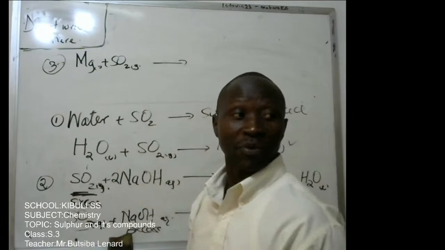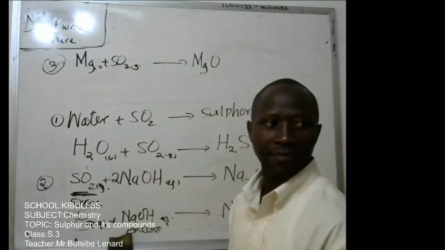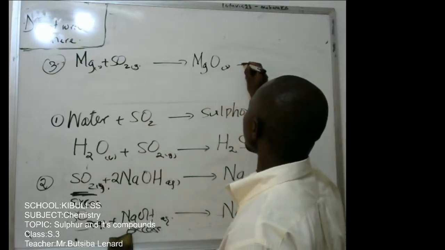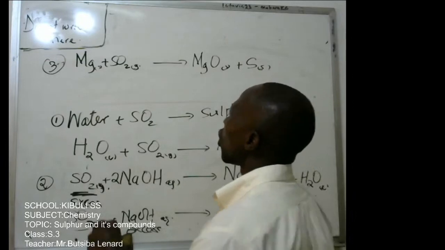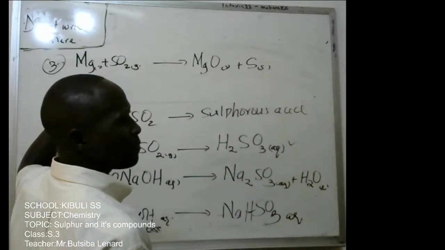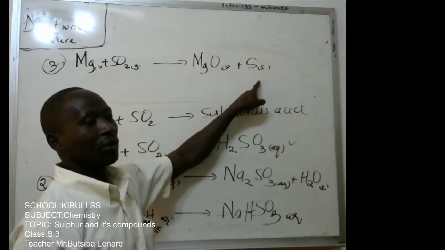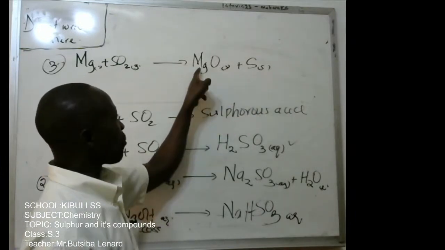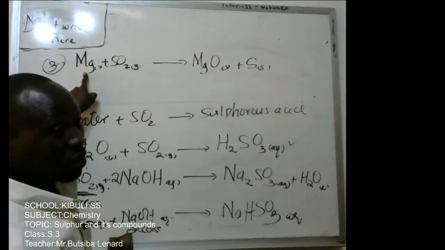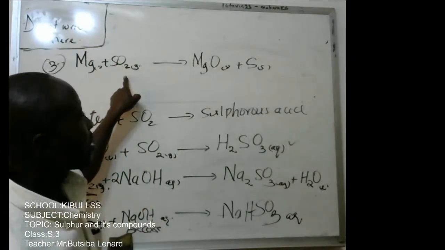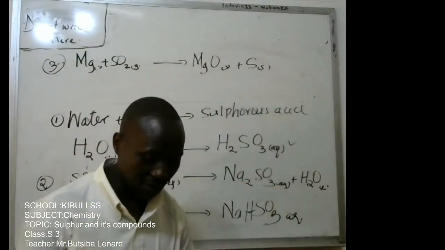What shall we form? Magnesium oxide plus sulfur, a solid. Observation: continues to burn with a white flame, white solid and yellow solid. A mixture of white and yellow solid. Gray continues to burn in a colorless gas, deposits a mixture of white and a yellow solid.